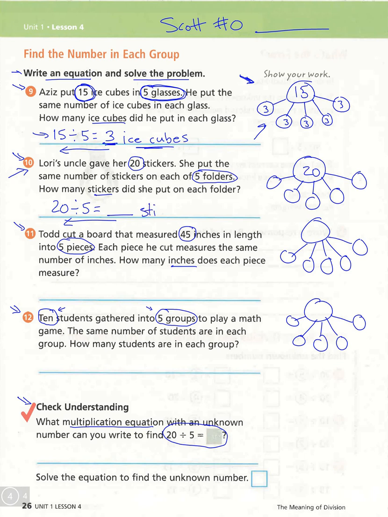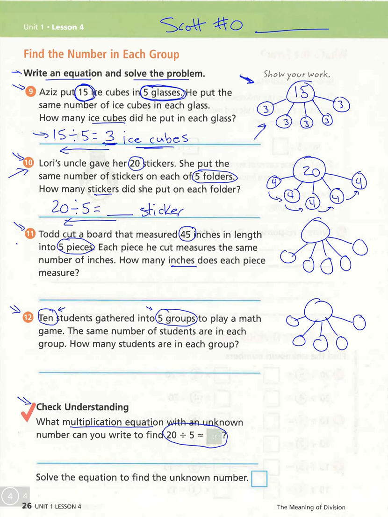So what we really do is we think how many groups of 5? So what times 5 is 20? If we count by 5, 5, 10, 15, 20, that would be 4, right? So 4, 4, 4, 4, 4. And we can prove that by going, okay, 4 plus 4 is 8, plus 4 is 12, plus 4 is 16, plus 4 is 20. So we just showed that.